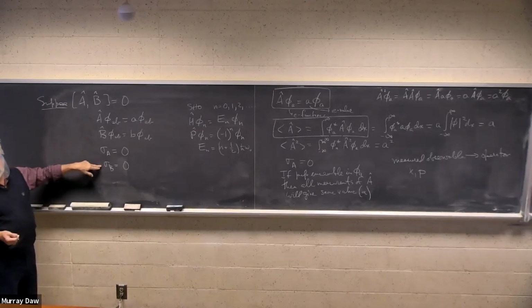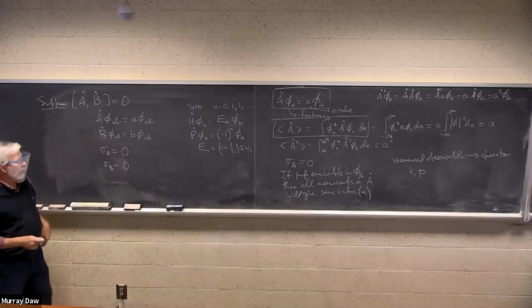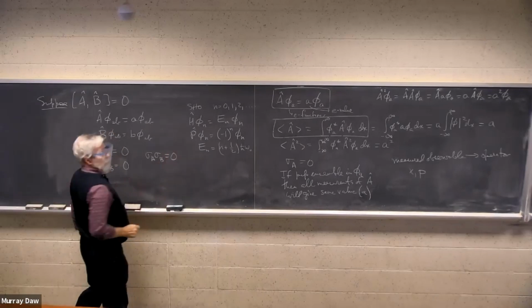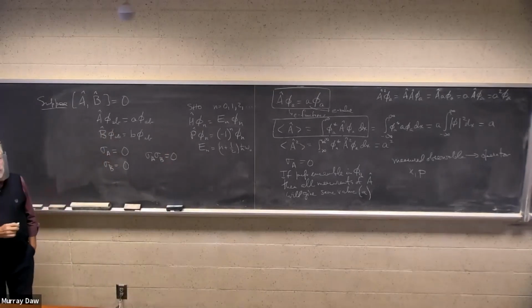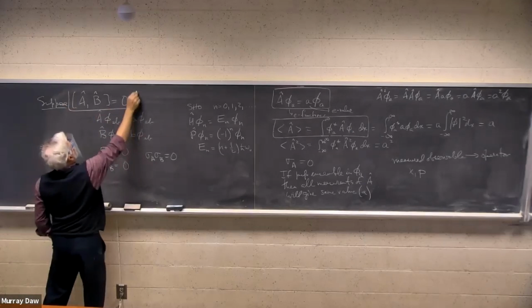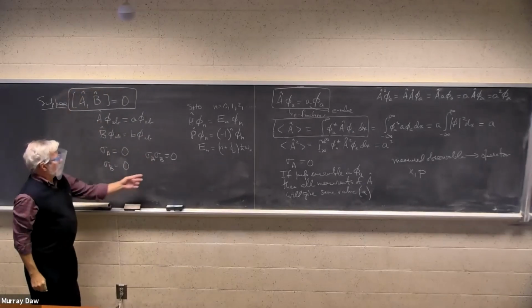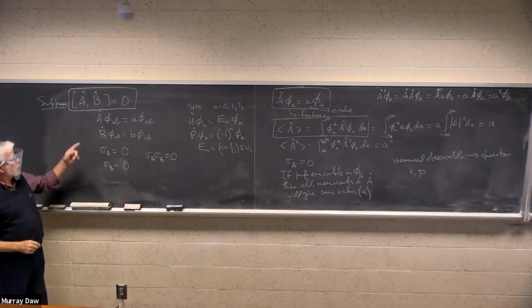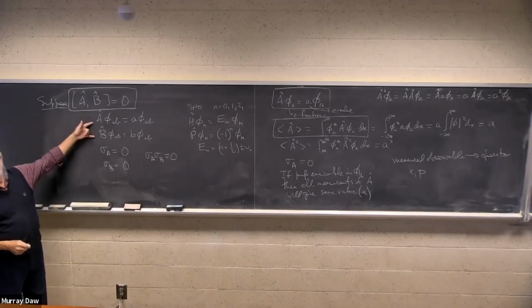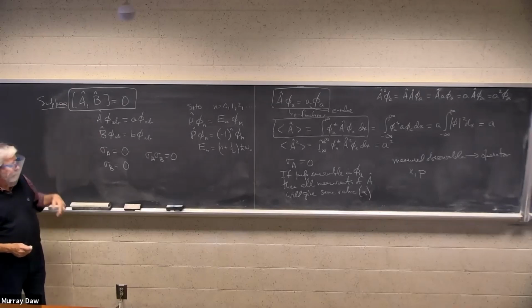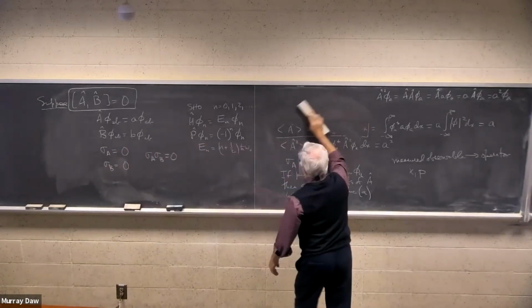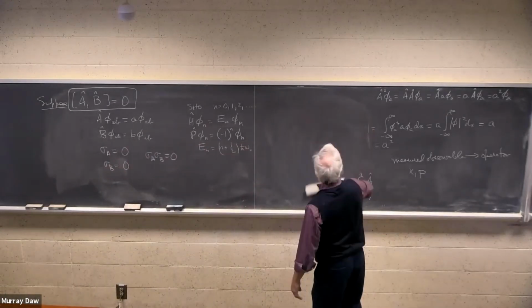In the second half, everybody gets the same value, little b. So the product is 0. If the two operators commute, then the product of the uncertainties can be made 0 by suitably picking a state which is an eigenstate of both operators.